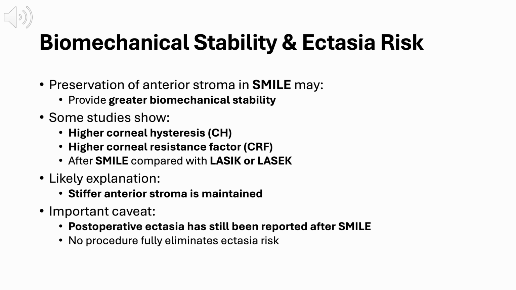Some studies support this, showing higher corneal hysteresis and higher corneal resistance factor after SMILE when compared with LASIK. These findings suggest a cornea that absorbs energy better and resists deformation more effectively. The likely explanation is straightforward. The stiffer anterior stroma is largely maintained in SMILE rather than being disrupted by a flap.